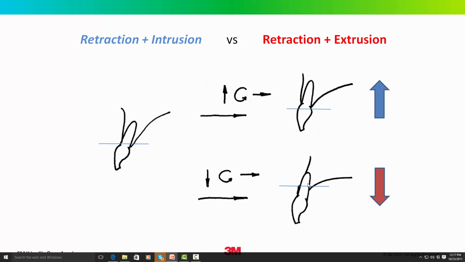The tooth is being retracted into an area of thinner bony housing. You're more likely to have dehiscence and fenestrations in this case where you're extruding.